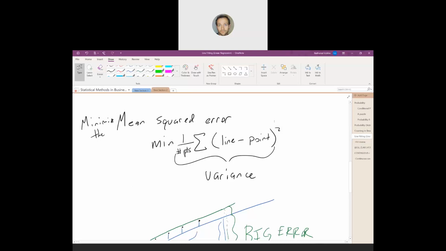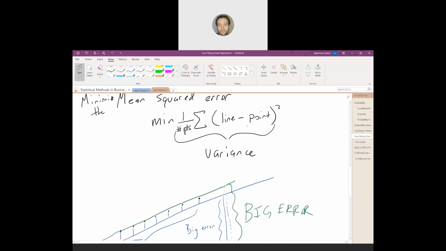So without that squared there, this is just an average, right? This is the average error. This is the error of the line to the point. So that's maybe this line here. That's 1. And for all of those, you sum them up. That's what this is. So for all of the points, you consider the distance of those points to the line, and then you divide by the number of points, so you get the average.